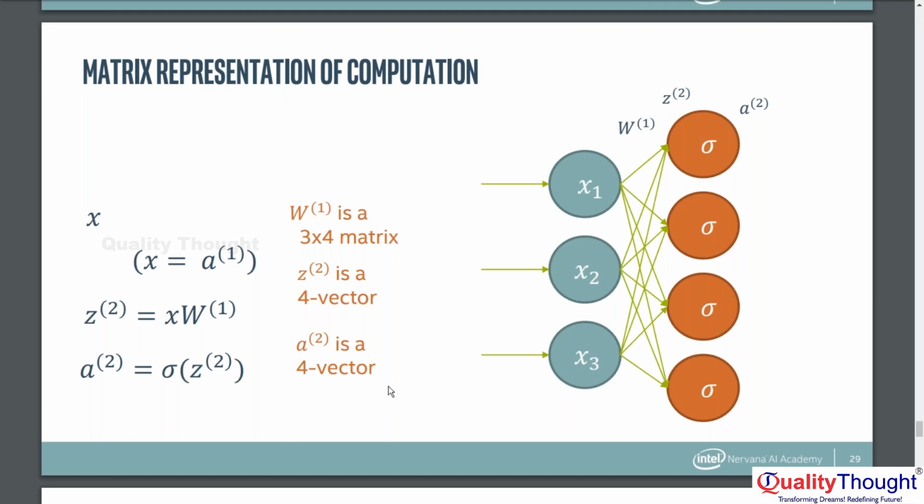This is the general matrix representation when you are talking about the weights. 3 inputs and 4 functions. 3 by 4 means each and every input variable needs to contact all the 4 sigmoid functions over here. So this is going to be a 3 by 4 matrix.